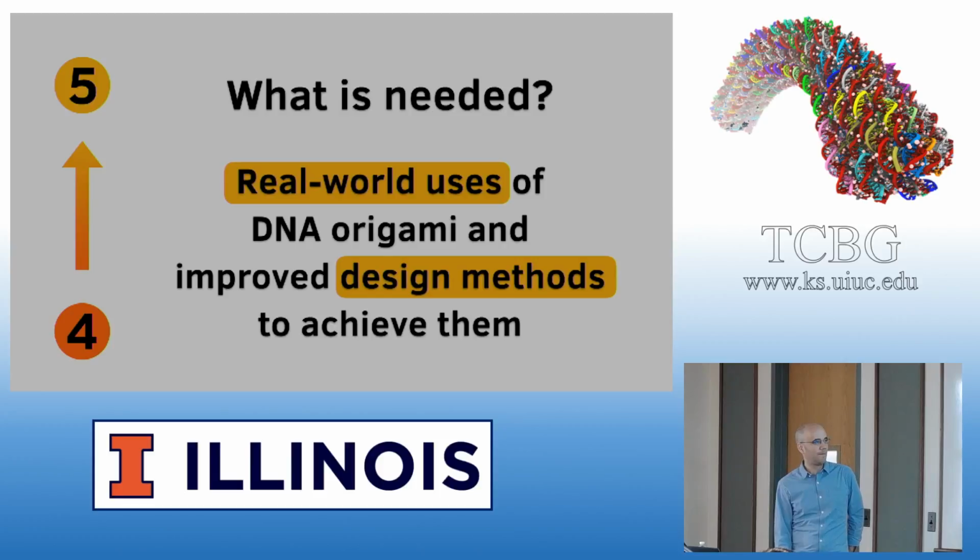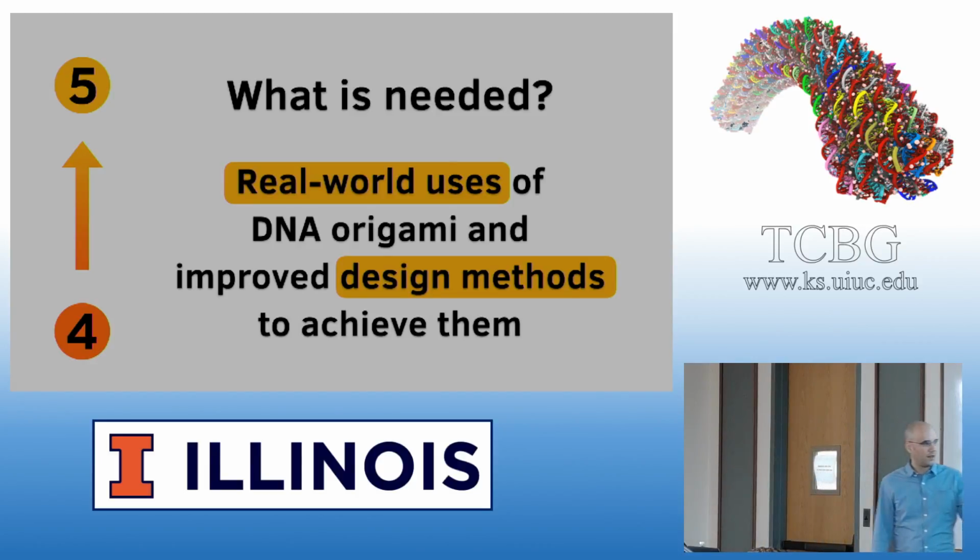We need real-world applications of DNA origami that solve problems that you can't solve with any other method. Because if there's a simpler method, or maybe even a more complex method, but it already works, people will tend to just use those. But then the thing that we've encountered is a lot of the methods were not really good enough to achieve these real-world use cases.